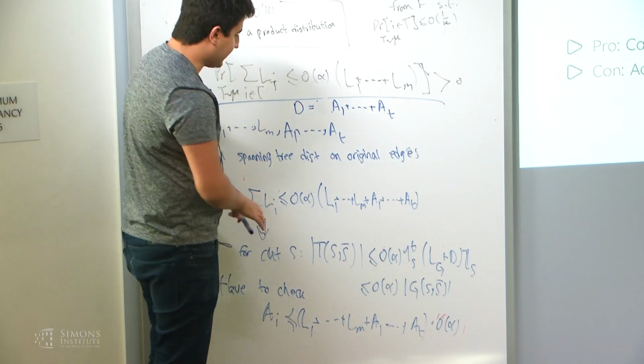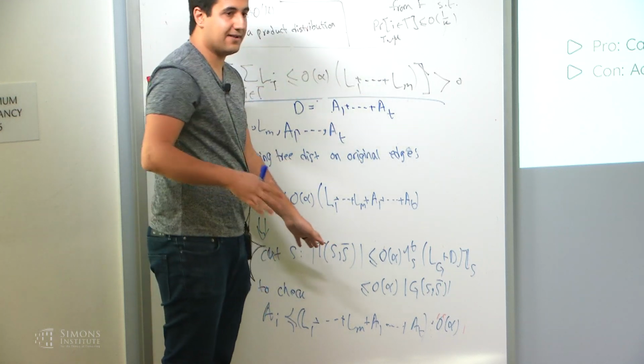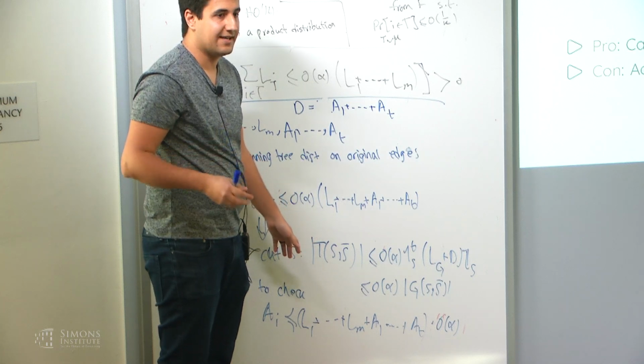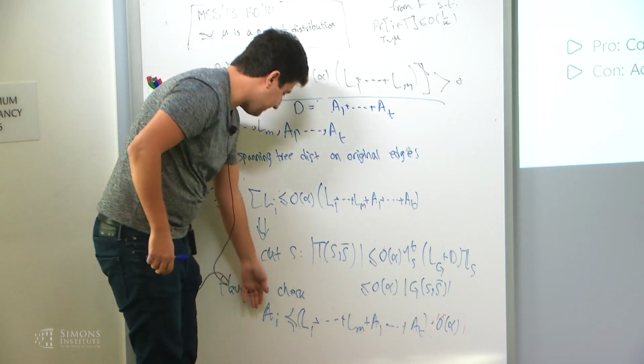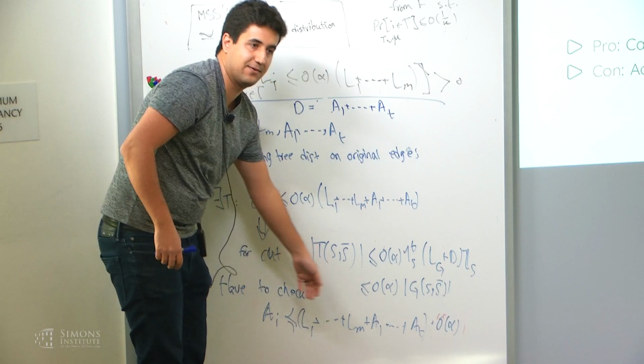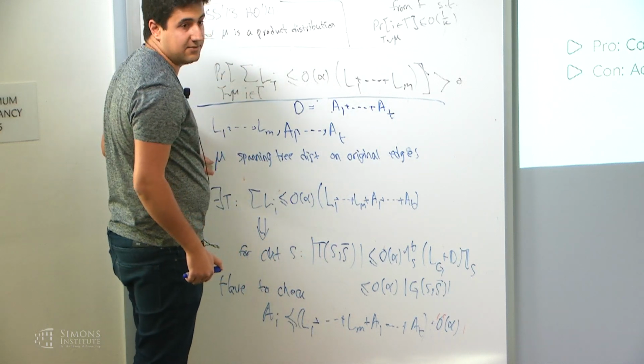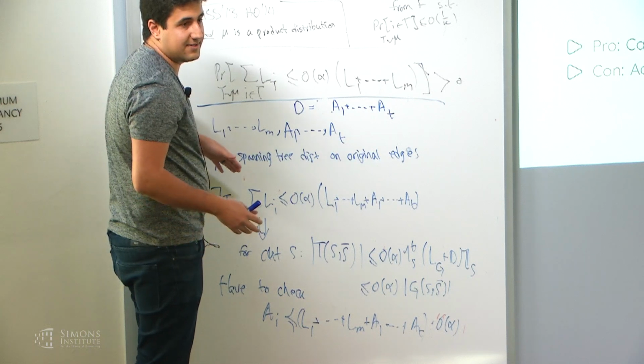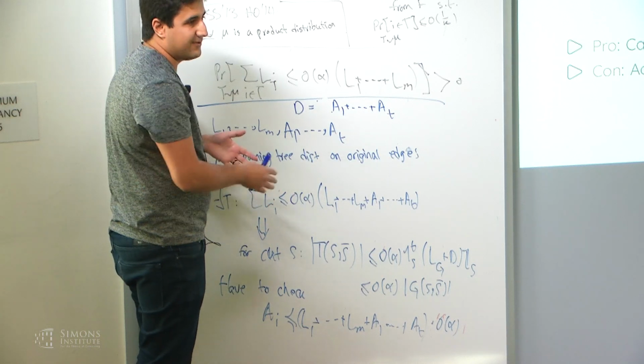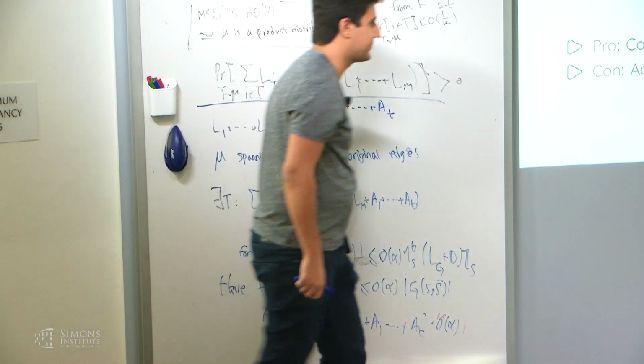So I can just make AIs as small as I want, and eventually you're going to make sure that each AI is bounded by the whole thing. The point is that AIs are never chosen in the distribution mu, so we don't really care about them that much.